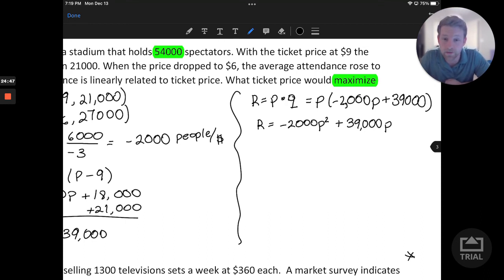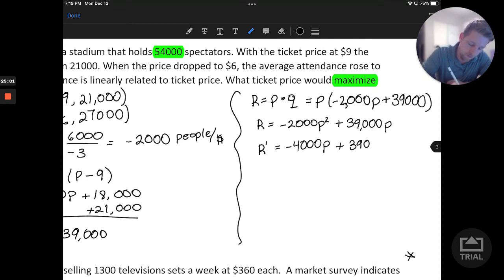We'll go ahead and take the derivative of that revenue function. Taking that power rule derivative and setting it equal to 0 to find the price that will maximize this revenue function.